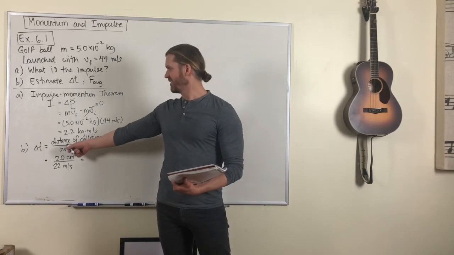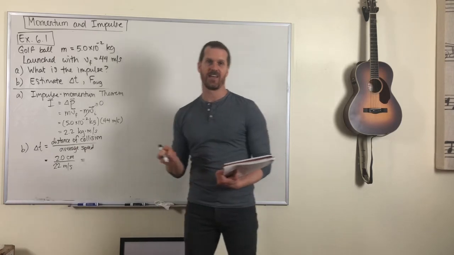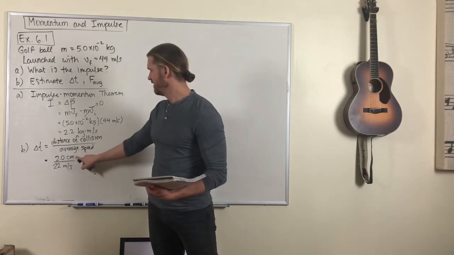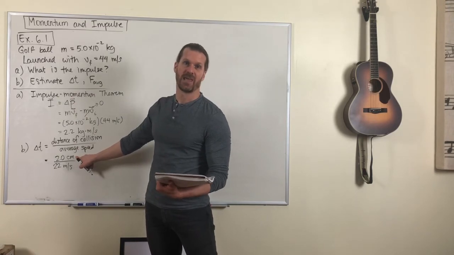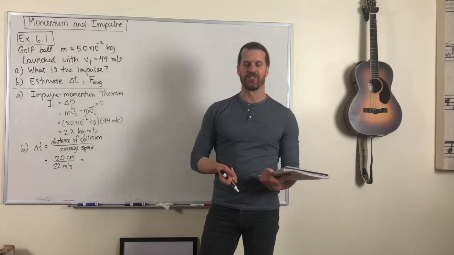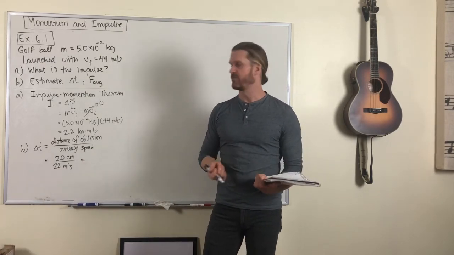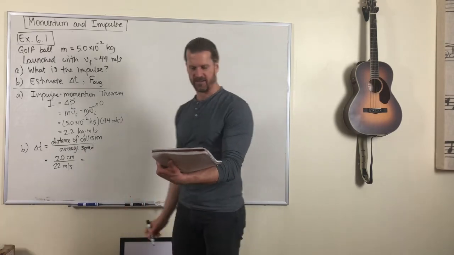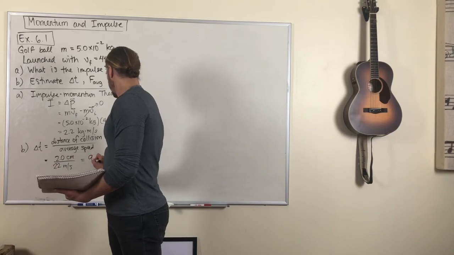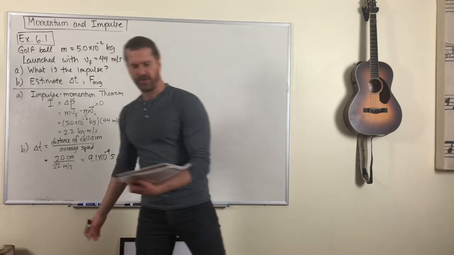Okay, we can estimate the time of collision as the distance of the collision divided by the average speed, with the distance being the diameter of the golf ball, about 2 centimeters, and the average speed being half the final speed, 22 meters per second. And that gives us a time of collision roughly equal to 9.1 times 10 to the minus 4 seconds.